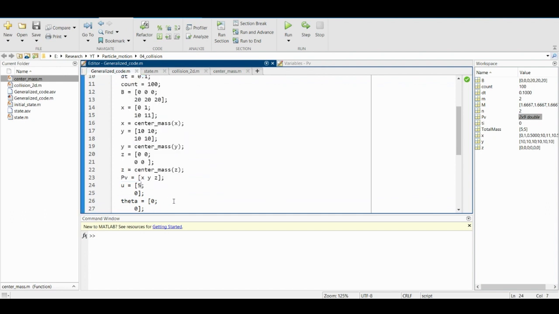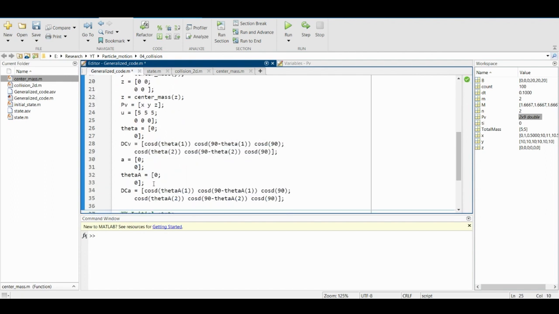Okay, if I create u for the same, it will be like 5 5 5 for particle 1, everyone will be 5 5 5. Theta, this one is 0 0 0 0 0 0.